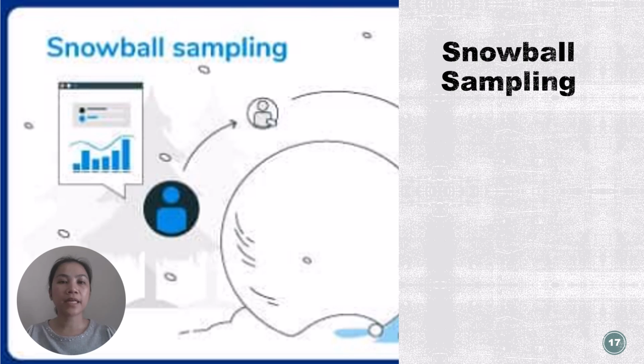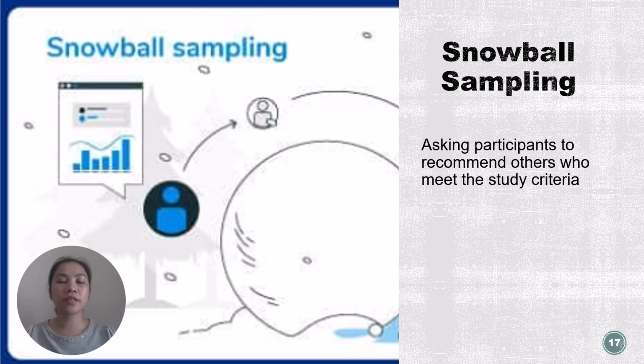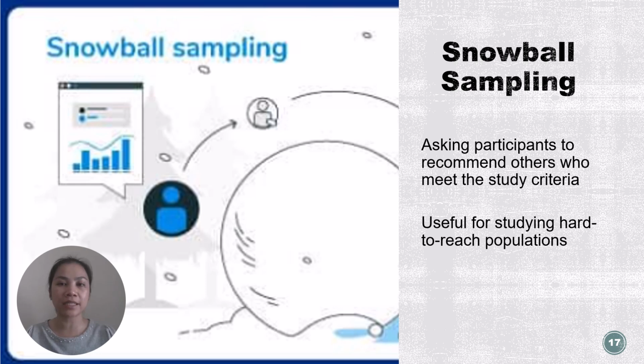Snowball sampling is asking participants to recommend others who meet the study criteria. This is the sampling method that researchers apply when the subjects are difficult to trace. In medical research, researchers implement this sampling method when the topic is highly sensitive and not openly discussed, for example, surveys to gather information about HIV/AIDS.